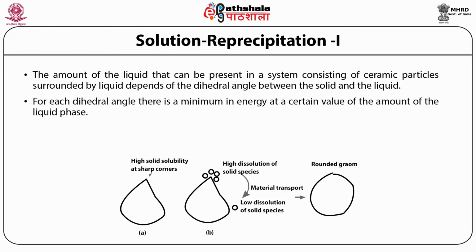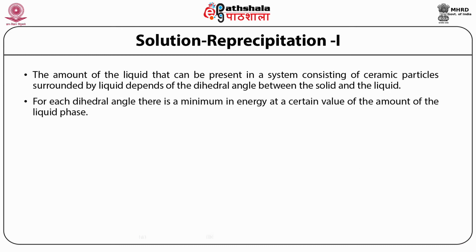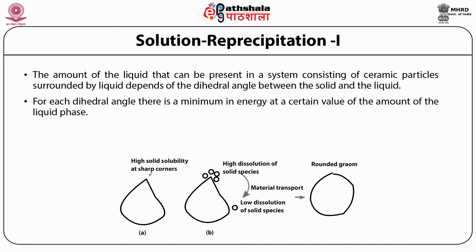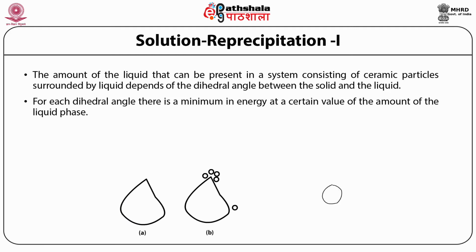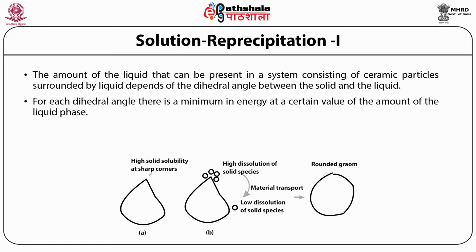For each dihedral angle, there is a minimum in energy at a certain value of the amount of the liquid phase. These values of the liquid phase versus dihedral angle at minimum of energy are also plotted in figure B.